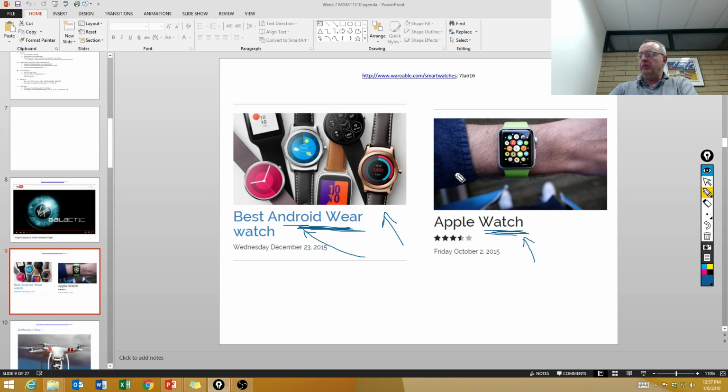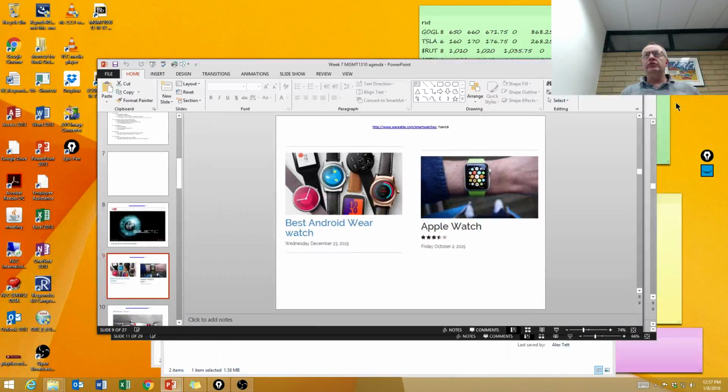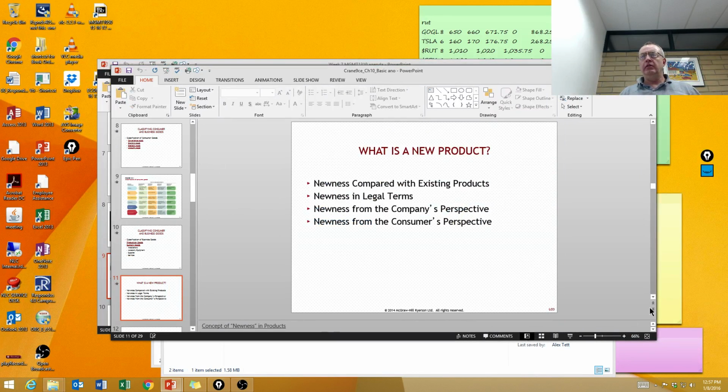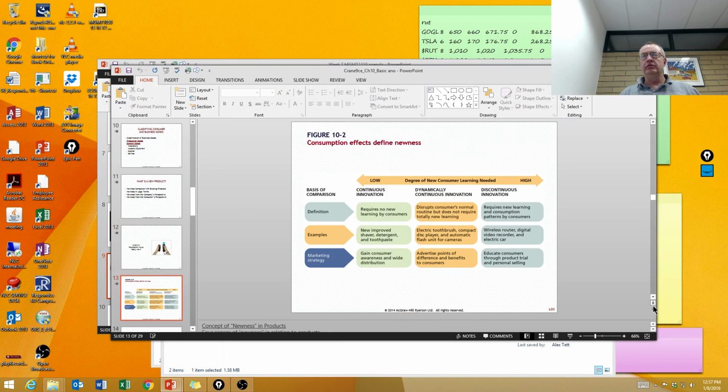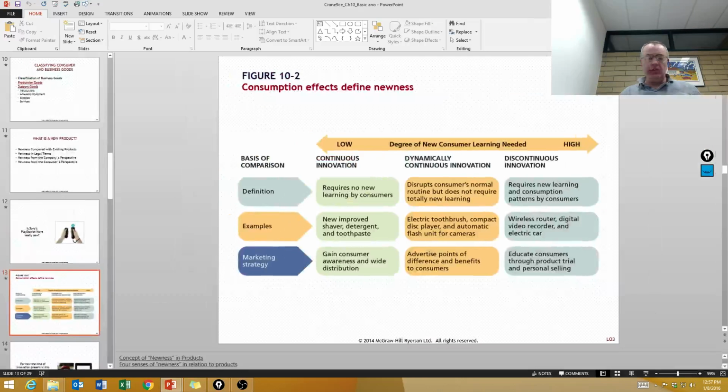Okay, and then the fourth concept of newness is new in relation to the consumer's perspective. When we speak about newness in relation to the consumer perspective, we can classify the types of newness based on the amount of learning that the consumer needs to acquire to be able to use the new product.